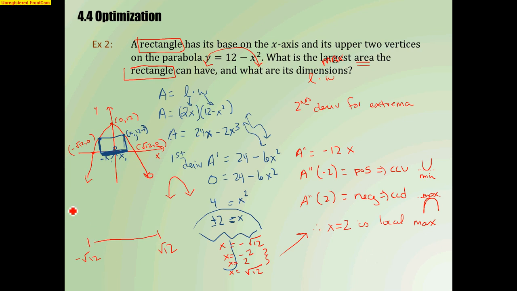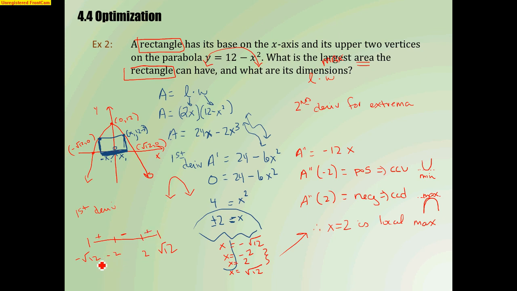That's using the second derivative test. If I was to use the first derivative test, I would be plugging in a value like -1 over here. So -1 into my derivative is 24 minus 6 times 1, which is 18, so I would have positive, and then negative, and then positive.